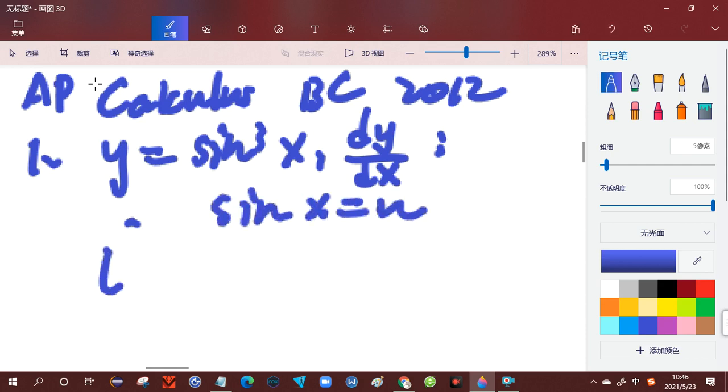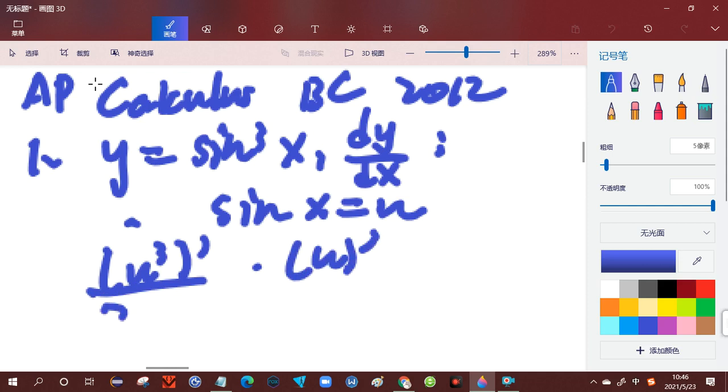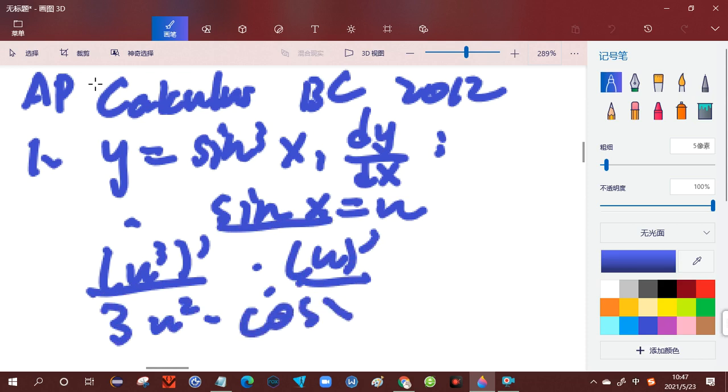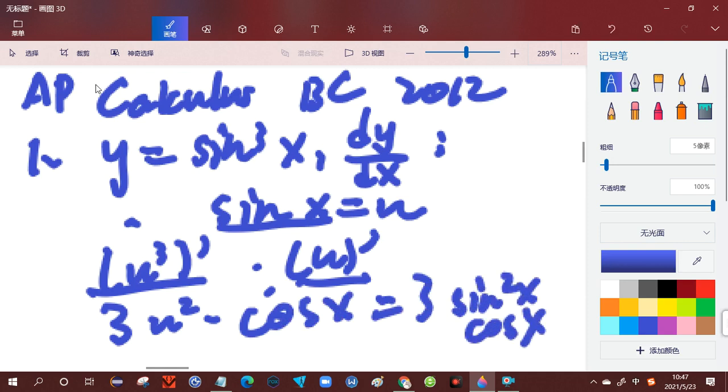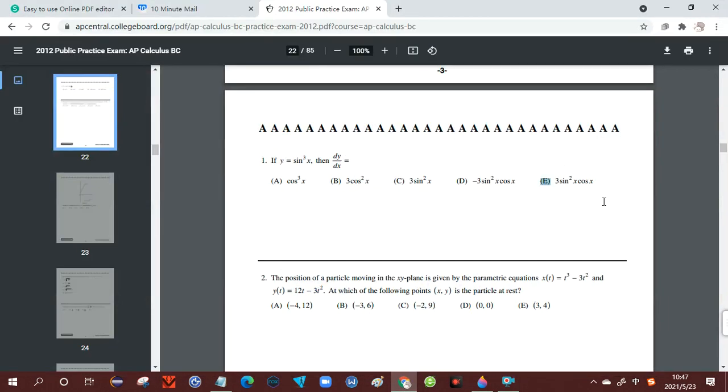So the derivative is u to the power of 3 times u's derivative, which is 3u squared, and u is sine x, whose derivative is cosine x. Therefore, the answer is 3 sine squared x cosine x. Looking at the choices, this is in choice E, so the answer is E.